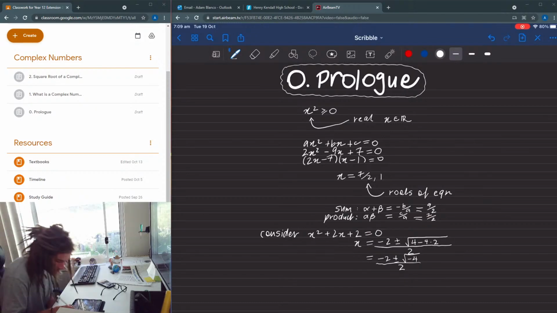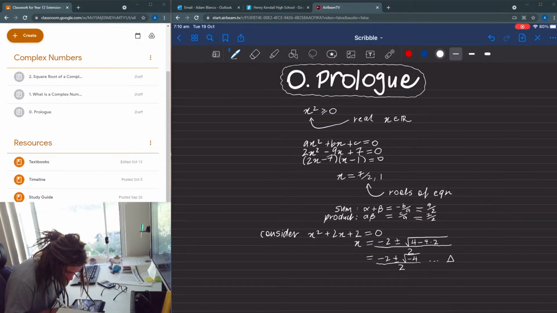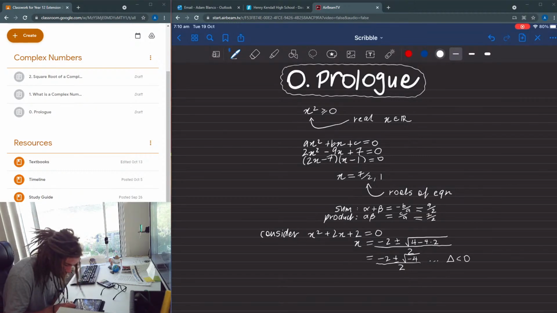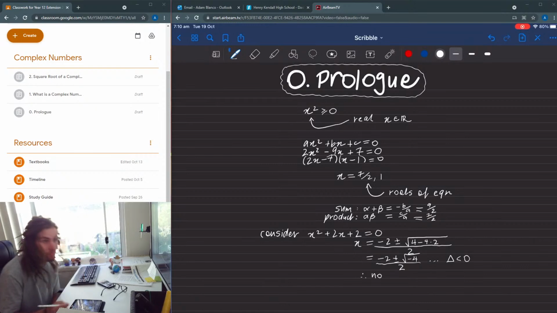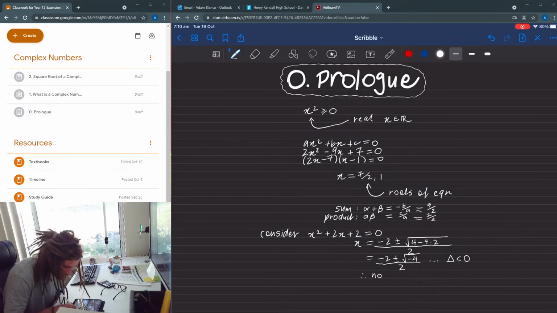And so this was a problem because we found that the discriminant is less than 0. And then what we would say is therefore no real roots. So no real roots, you might have heard that before. Or you might say no solutions, no x-intercepts.